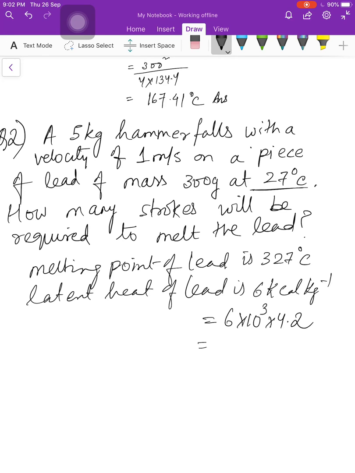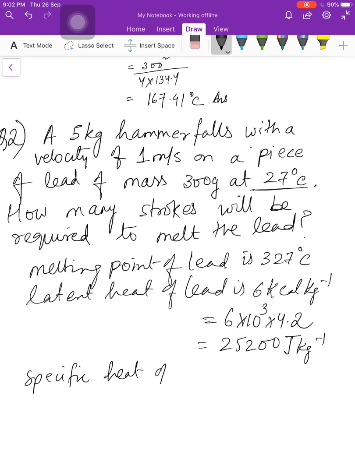So 6 into 10 cube into 4.2 is 25200 joule per kg. You will need specific heat capacity also in this problem.